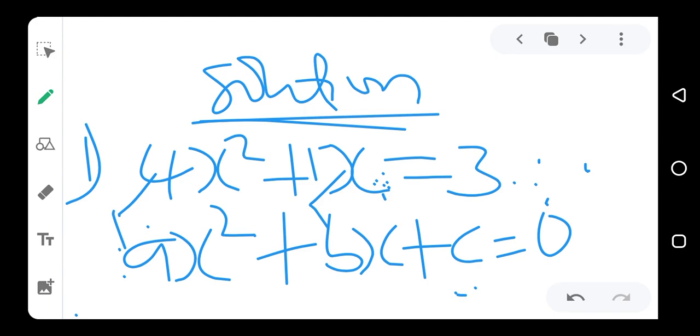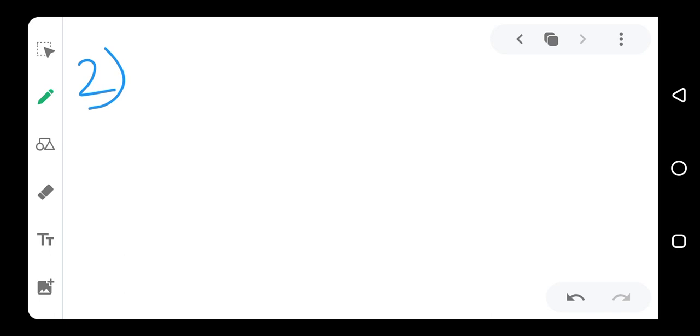Now step 2, we ensure that the value of a is 1. Here the value of a is 4. Therefore we divide through by 4. To divide through means to divide everything by 4.